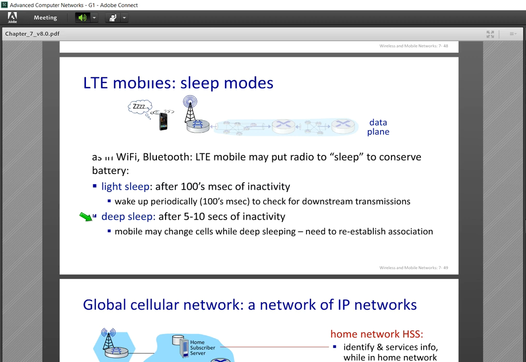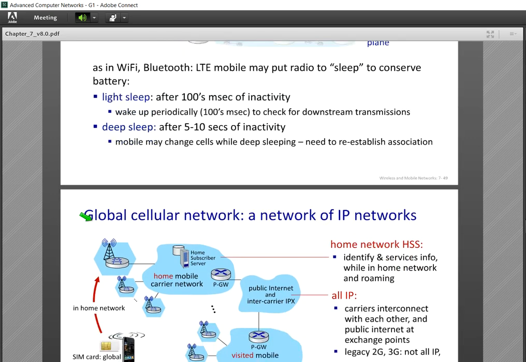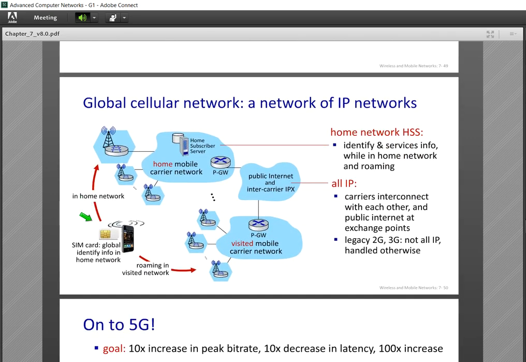Okay, so we can use sleep modes to save the battery of the cell phone.